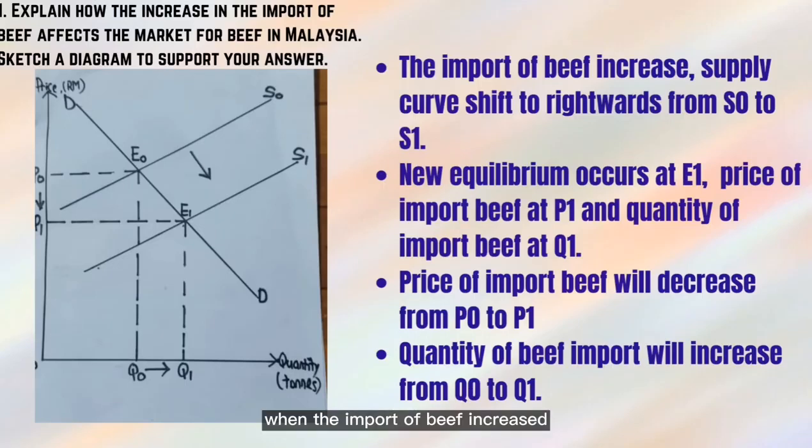When the import of beef increases, it will shift the supply curve rightward from S0 to S1. So it means a new equilibrium will occur at E1, which is the price of import beef at P1 and the quantity of import beef at Q1.